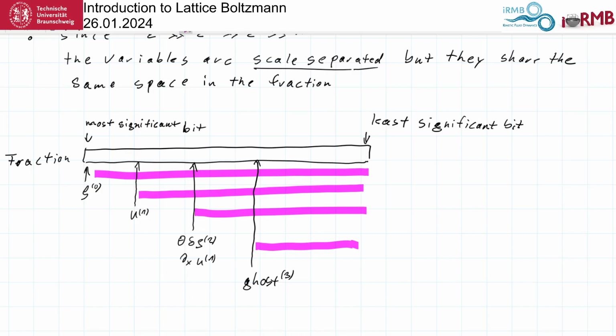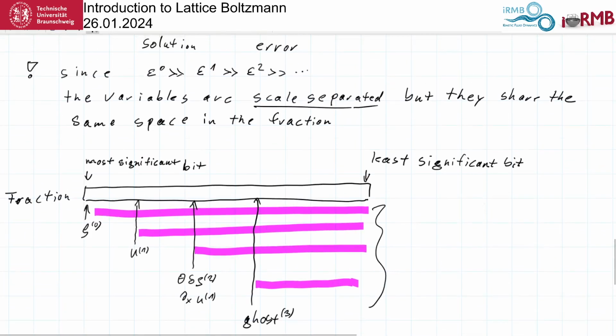Then you may actually cut off some of your moments. So what we are seeing here is, so to speak, the effective bits available for each quantity.